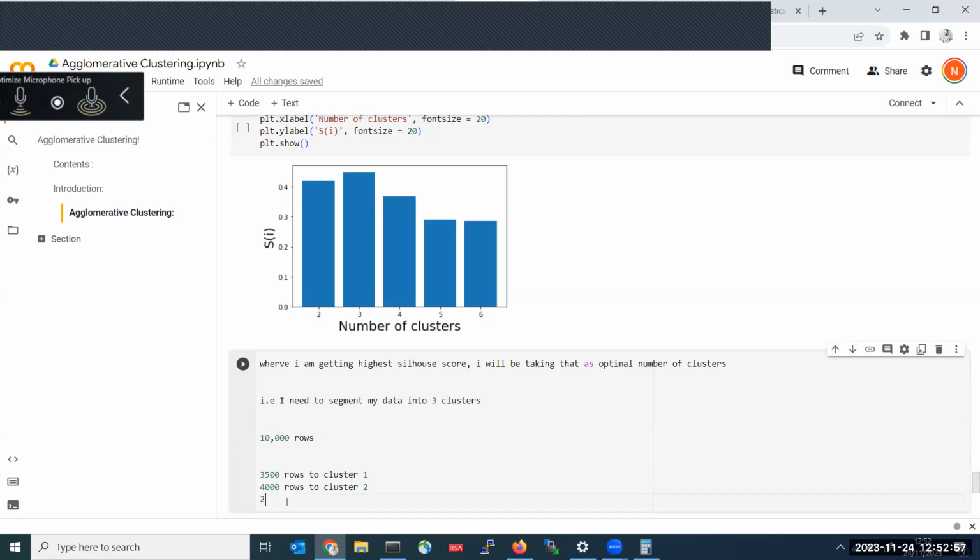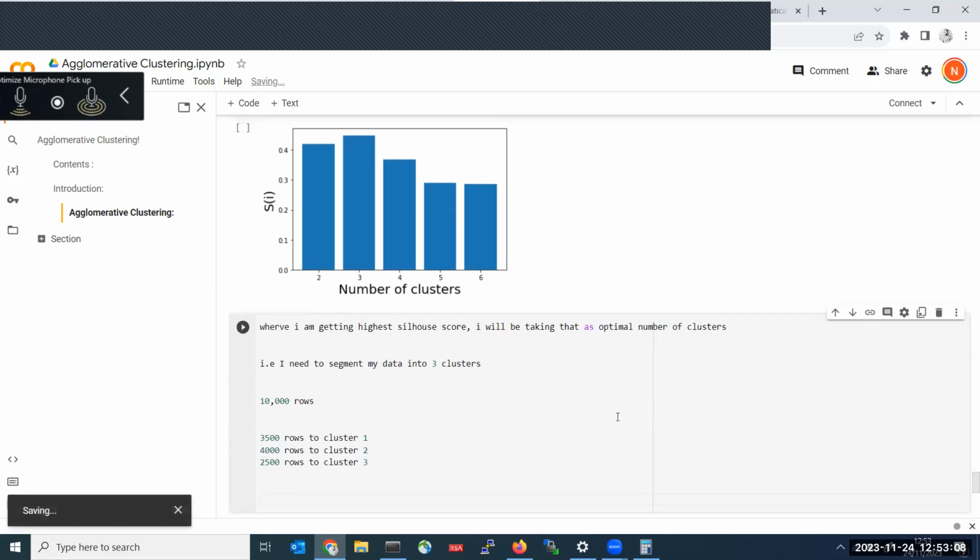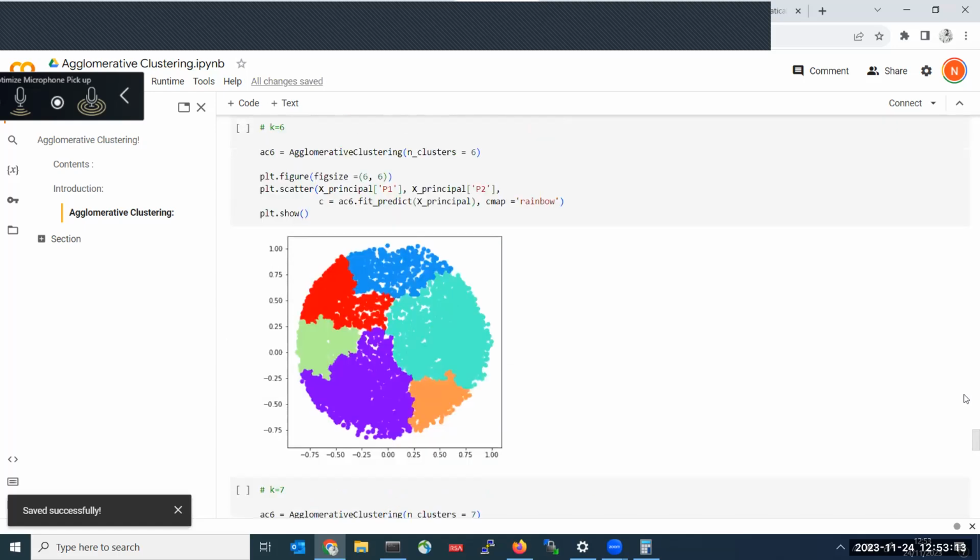So how many? 2,500 left to cluster 3. Okay, so that is how the entire rows of data are divided.